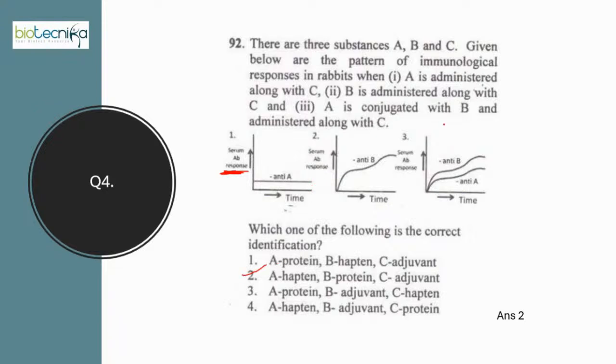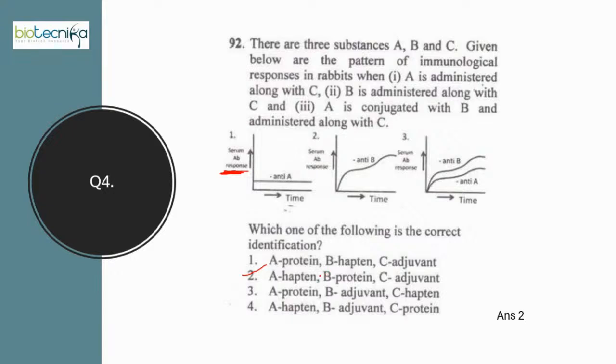Next, A is administered along with B, and when A is administered along with B, you get a response here. So that means this B must be some protein, some carrier protein. That is why you got a response, because a hapten, when it is conjugated with a carrier protein, gives you a response.